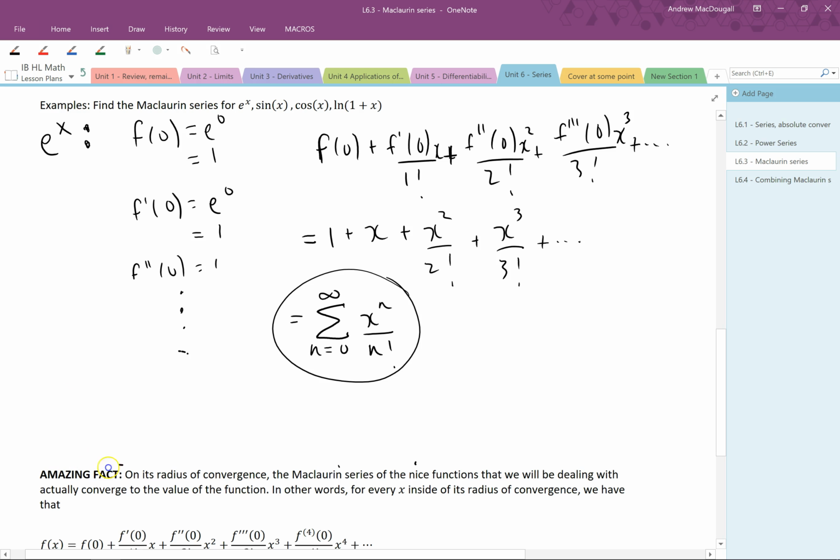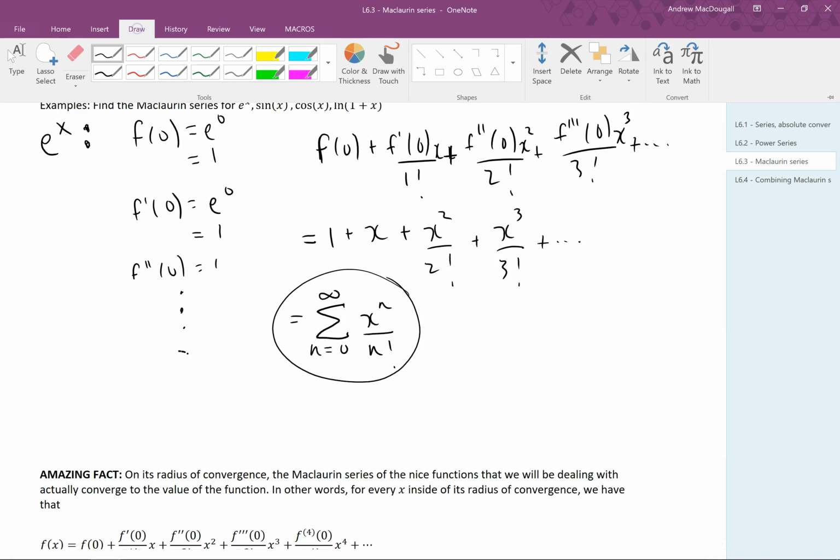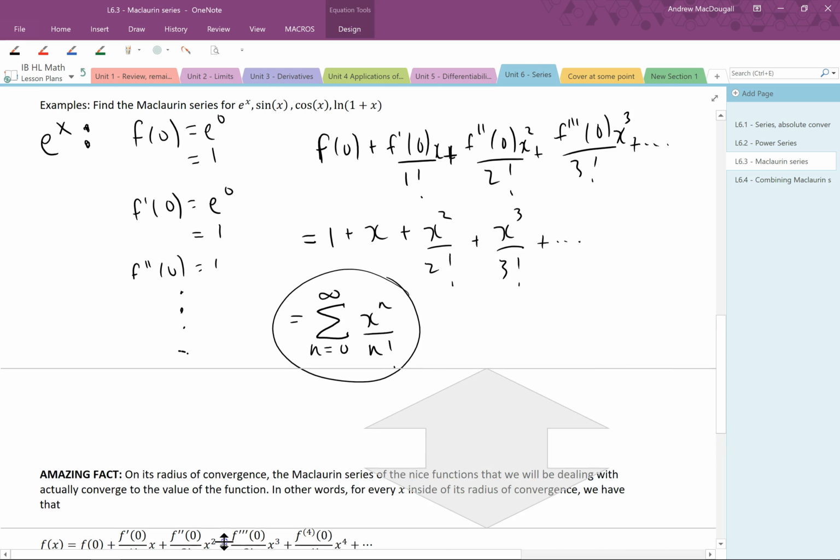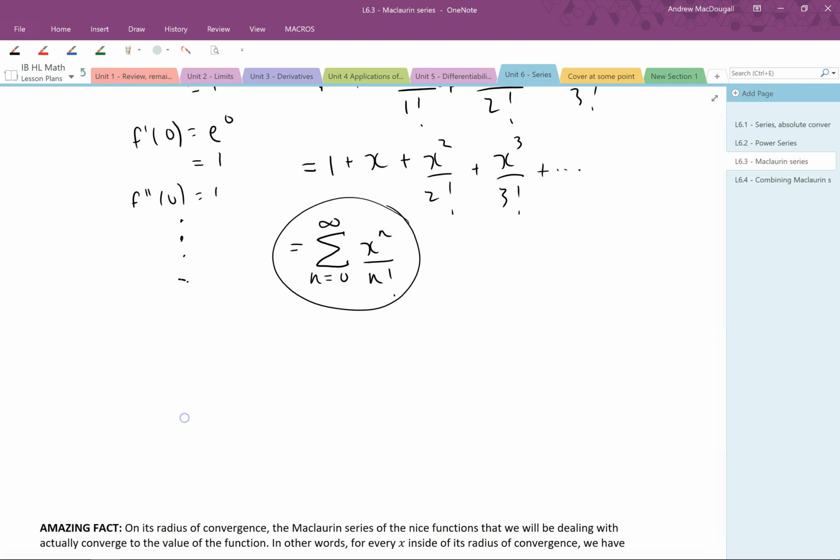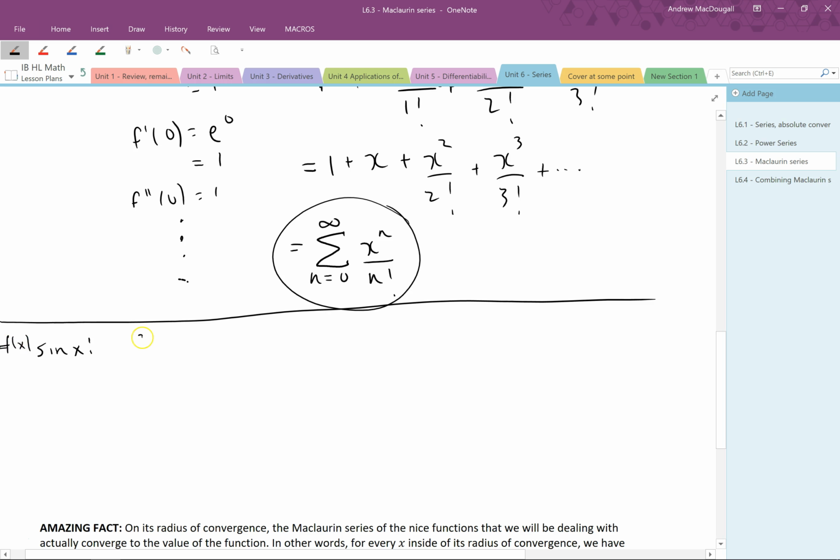Okay, so maybe let's do one more Maclaurin series. Let's do sine of x. Sine of x is equal to f of x. Well, f of 0, sine of 0, is 0.